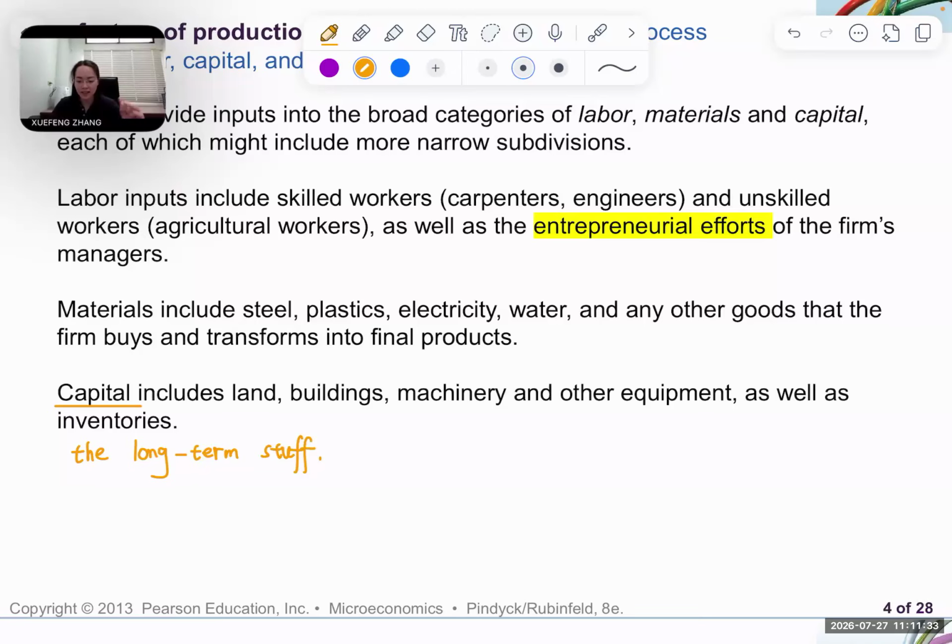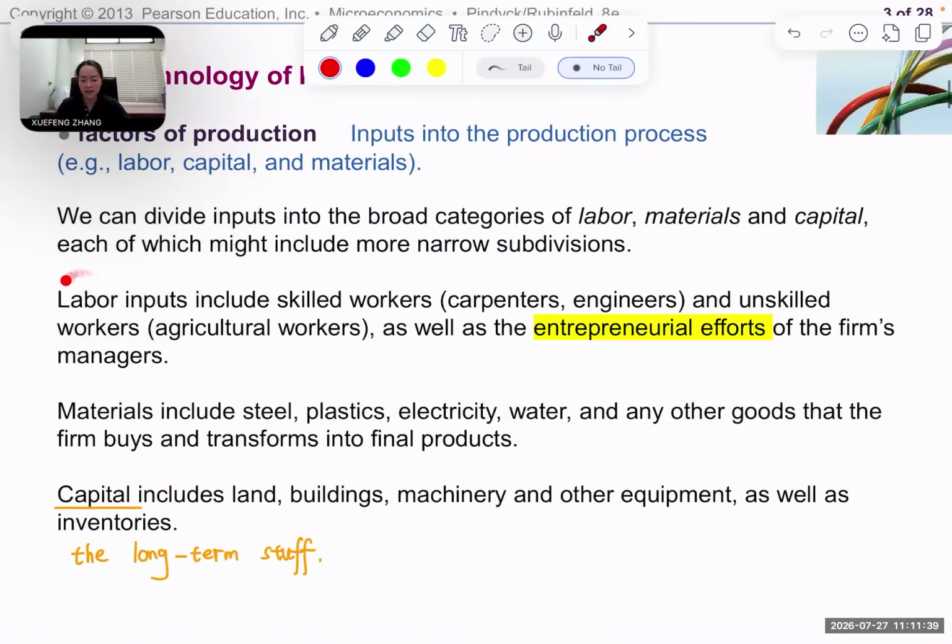Okay, like land, buildings, and machines, right? Simple way to remember. Labor, the people. Materials, things you use up. And for capital, which is the thing you keep and reuse. All right.